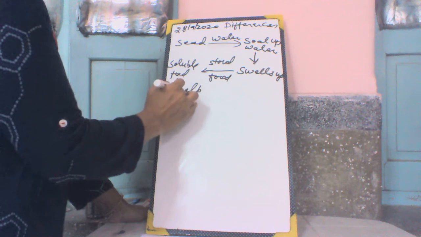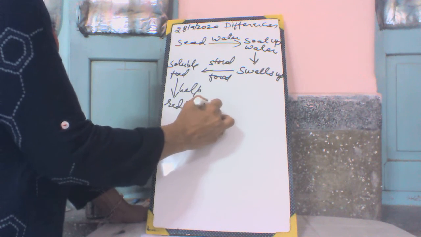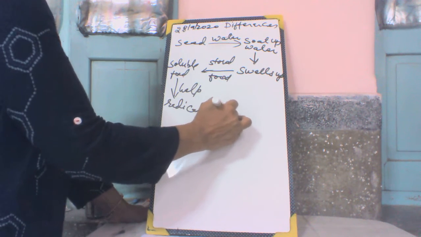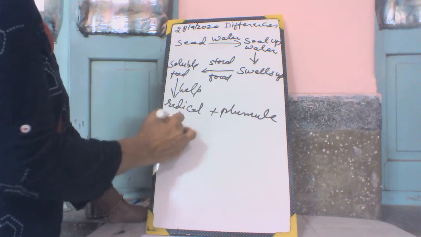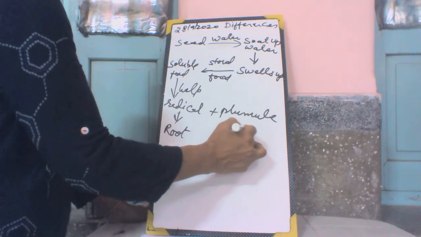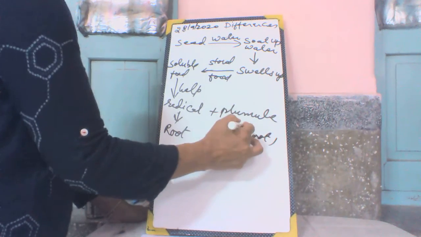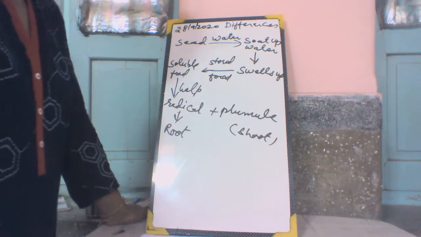The radicle develops into root and the plumule develops into shoot system. This is the process of germination.